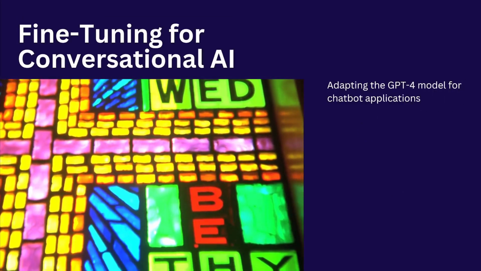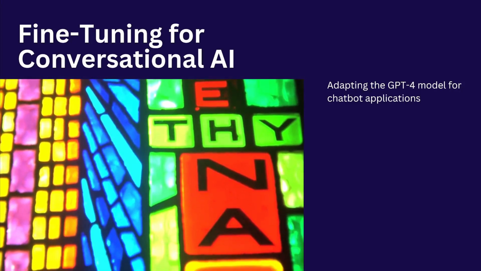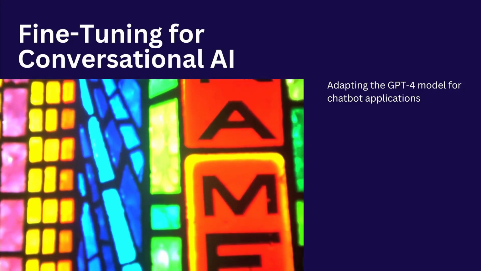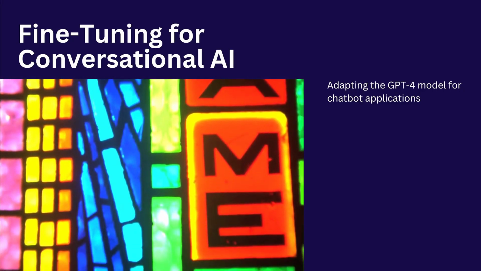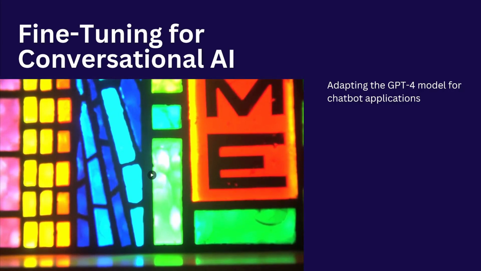And we have fine-tuning for conversational AI. To adapt the GPT-4 model for chatbot applications, it undergoes a process called fine-tuning. This process involves training the model on a specific dataset of conversational examples, allowing it to learn the nuances, the patterns of human dialogue.